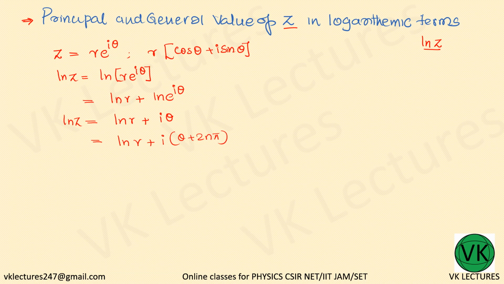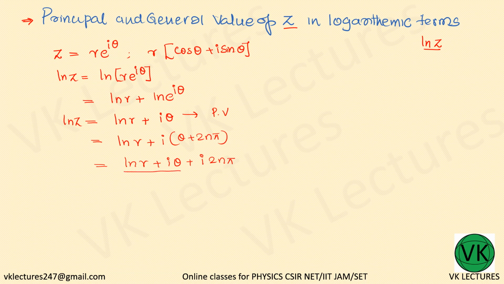So this is the principal value. Now here we have the general value. So log r plus, now this also can be written as log r plus i theta plus i 2n pi.